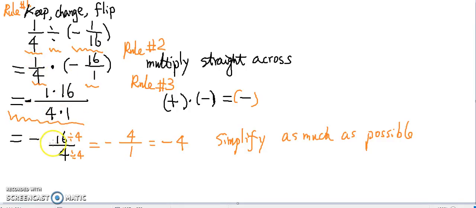So you would go to this step, negative 16/4, but you do have to simplify this. If you realize negative 16 divided by 4 is just 4, and copy the negative sign, you can skip this step right here. Or you can simplify both top and bottom to get 4/1, and 4 divided by 1 is 4.